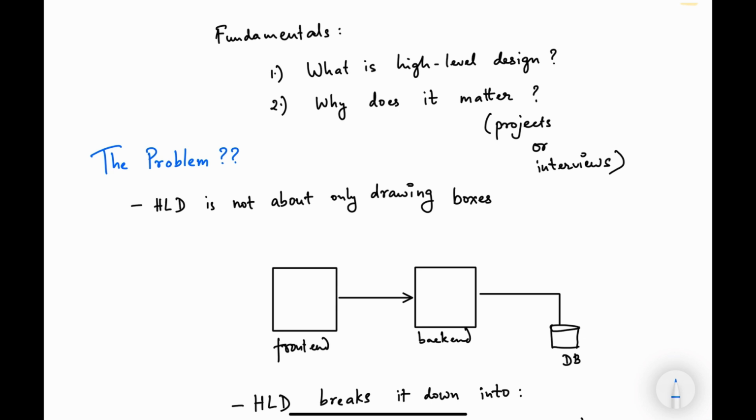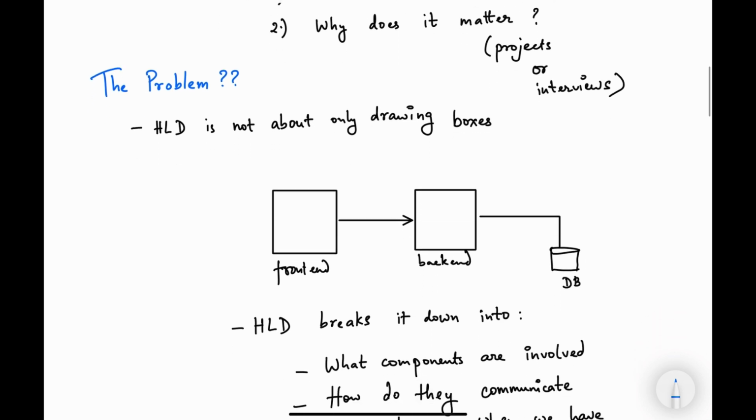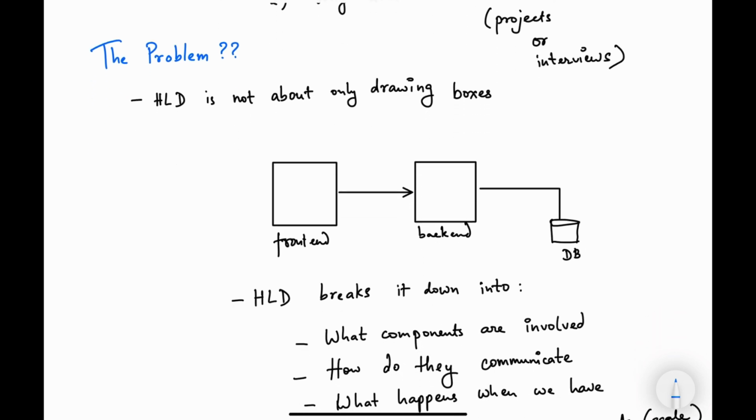Okay, so what is the problem? The problem that I have seen across in my career is that high level design is not only about drawing a few boxes. Most people think that it's about connecting a few boxes, drawing flows, like for example, you see this flow where the front end and the back end and the DB are connected.